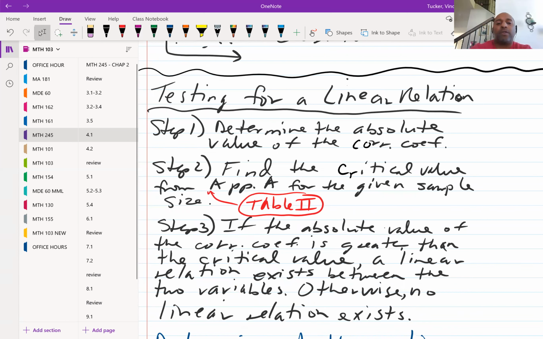Step two, find the critical value from table two in appendix A for the given sample size. And I'll show you where that is in a second.